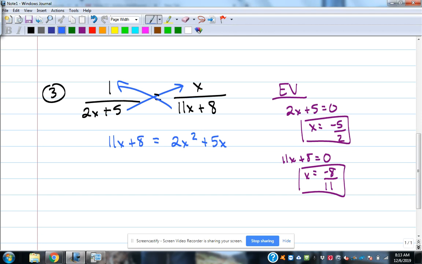We can do factoring or quadratic formula, but in order to do one of those, we've got to get it equal to 0. Descending order and equal to 0. Good job. Go ahead and subtract 8 there. So I get 0 is equal to 2x squared minus 6x minus 8.